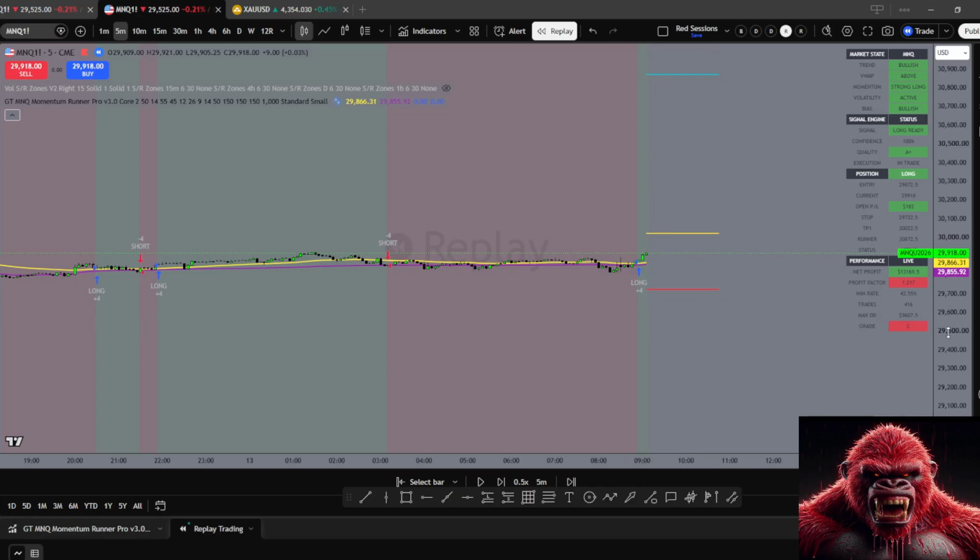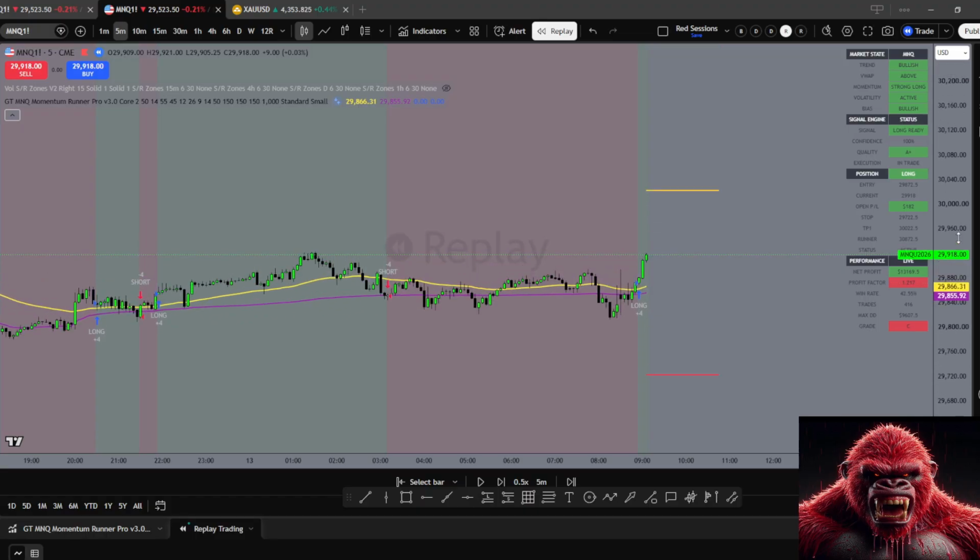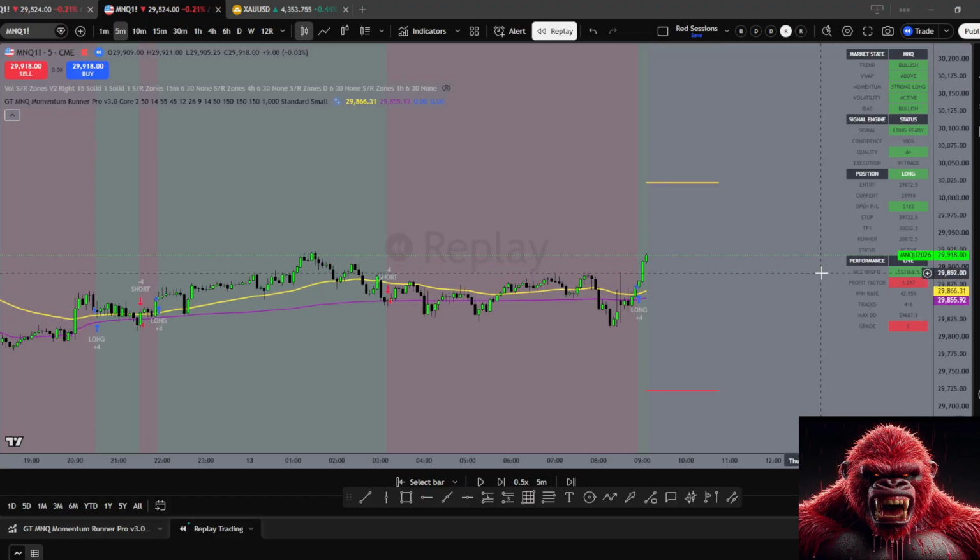All right. Now, when you're in your trades, and price hits and closes above your TP1, the system will automatically move your stop loss to break even. So it's going to move to this point. So as we go ahead and tick through these candles, so boom, you can see that it moved to break even.